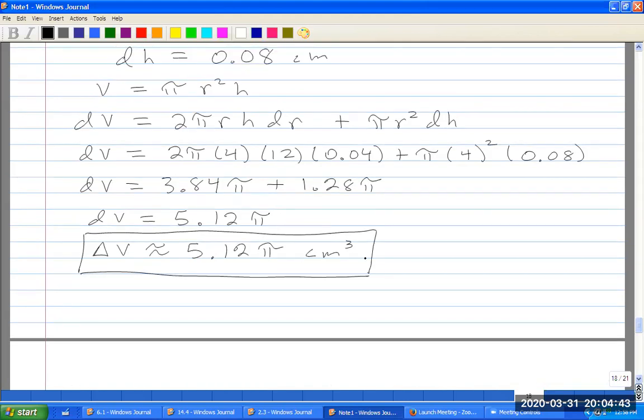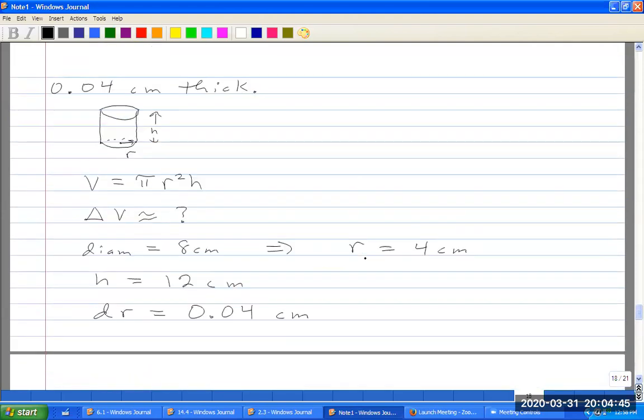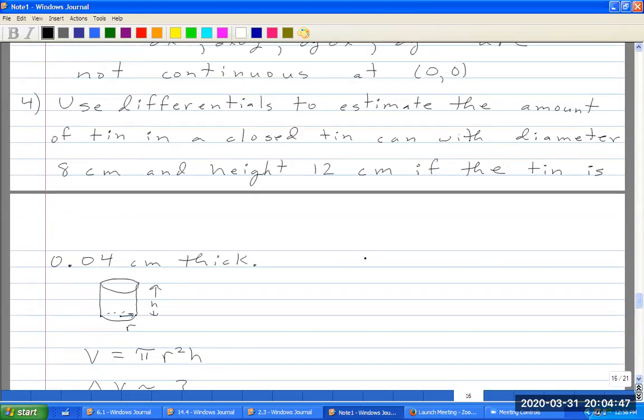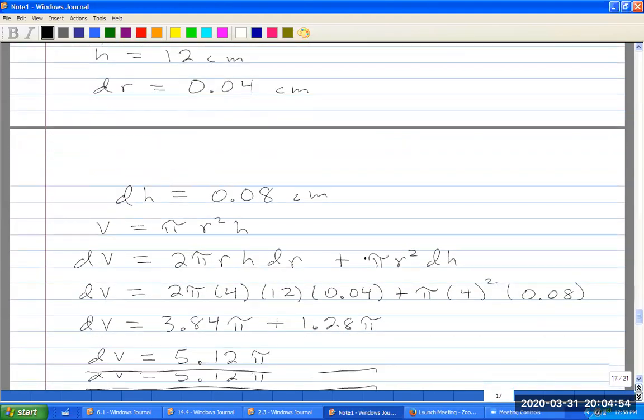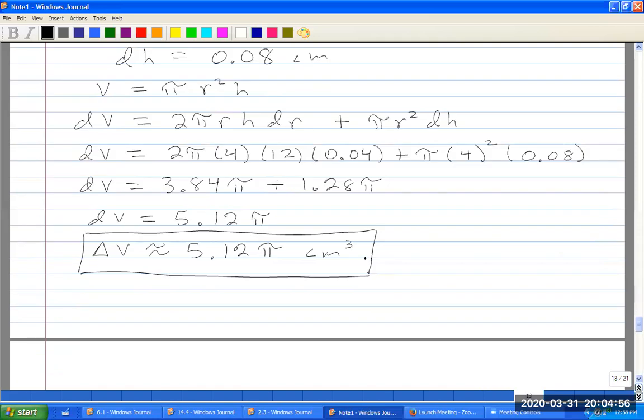That is the amount of tin that is used to make this tin can.